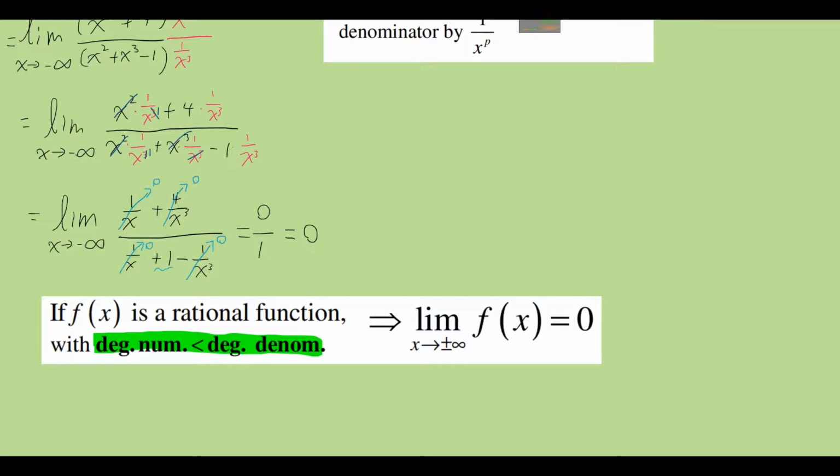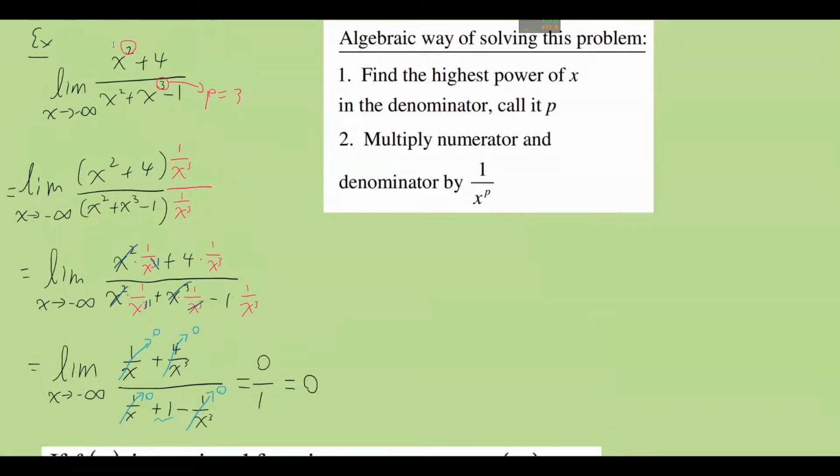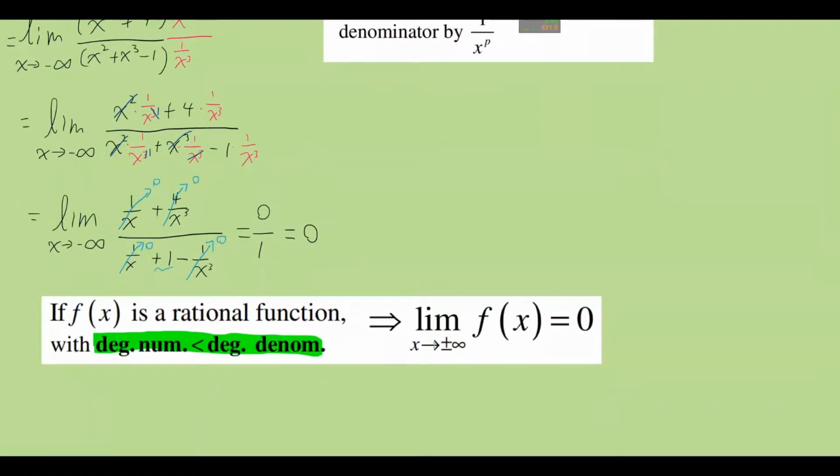Then we can say that the limit of f is going to go to 0. And this is very useful when the degree of the numerator is smaller than the degree of the denominator, like in this case. The degree of the numerator is 2 and the degree of the denominator is 3, whereas the denominator has higher power than the numerator. In that case, the limit as x approaches positive or negative infinity is always going to go to 0.